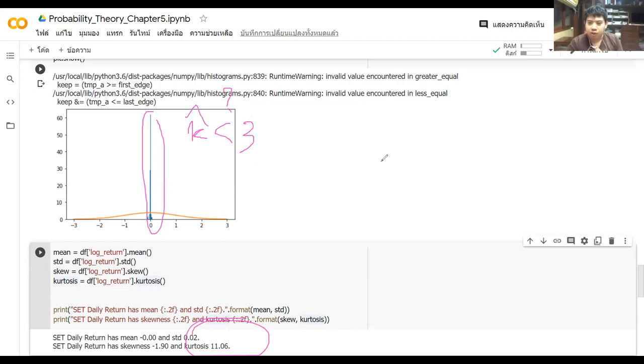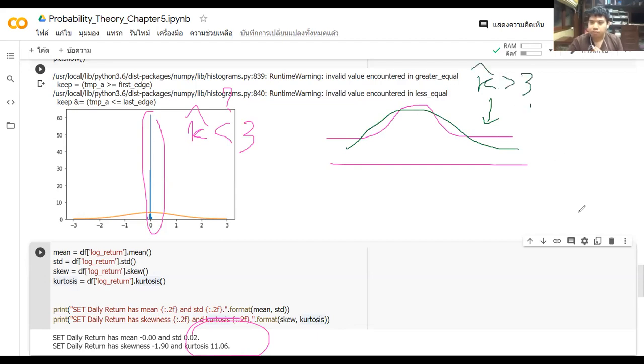Because usually when we talk about high kurtosis, it doesn't mean it's going to be something like this, and this one is going to be normal. So there is a high kurtosis. But in this case, it's strange.